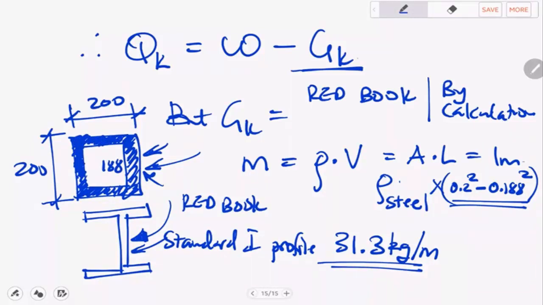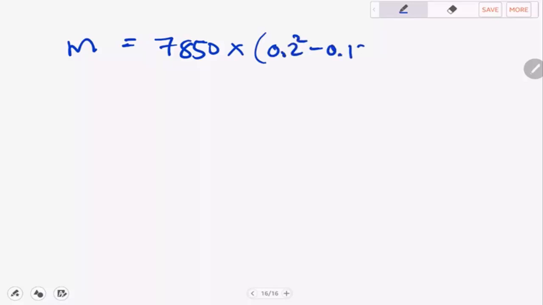So it's giving us this cross-sectional area. Then we multiply by the density of steel. The density of steel is 7,850 kgs per cubic meter. Right. So our mass per meter will be equal to 7,850 multiplied by 0.2 squared minus 0.188 squared. What do we get?